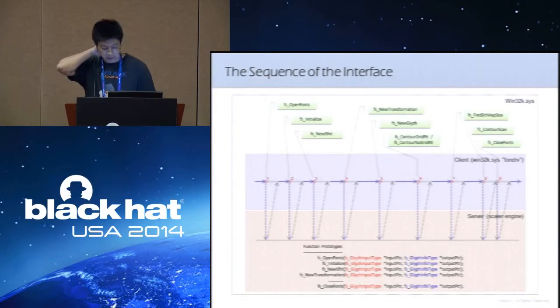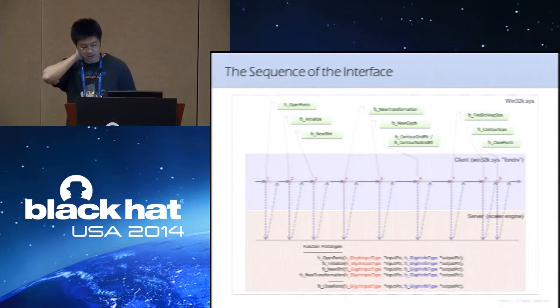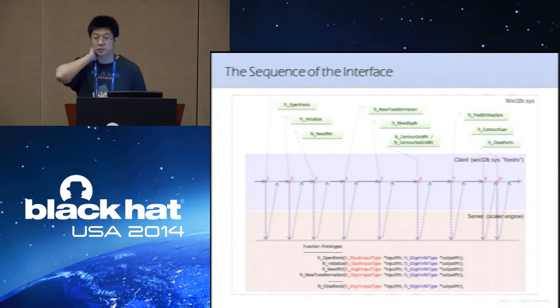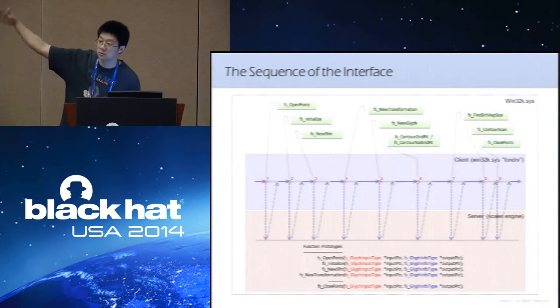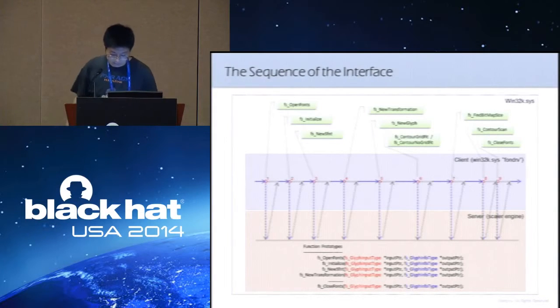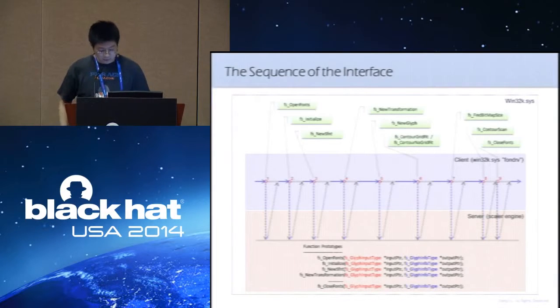Apparently, both the client and the server are inside the module Win32k.sys. The 9 functions of the exported interface are called sequentially from open to close. We also find the parameters of each function are just the same, like this.